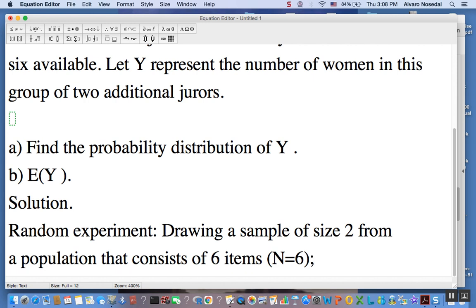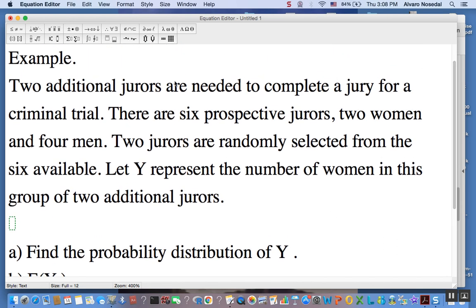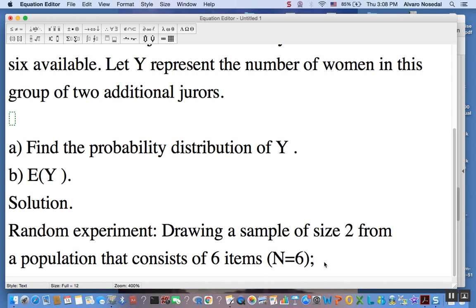Okay, next, it turns out that not all items in this population are considered as successes. So let me say that in this case, since the random variable of interest is the number of women selected to serve as part of the jury, it turns out that only 2 of them are women, so we only have 2 successes in this small population.